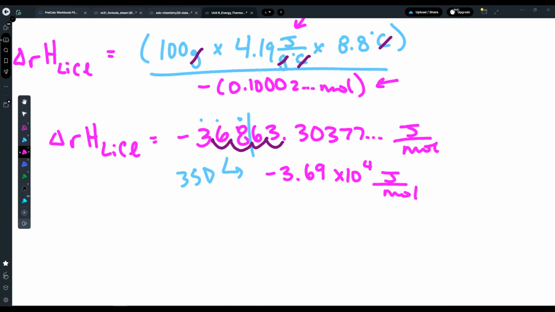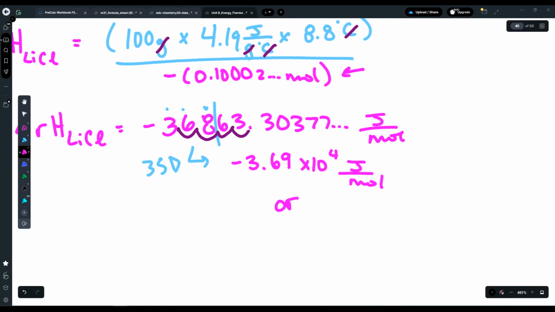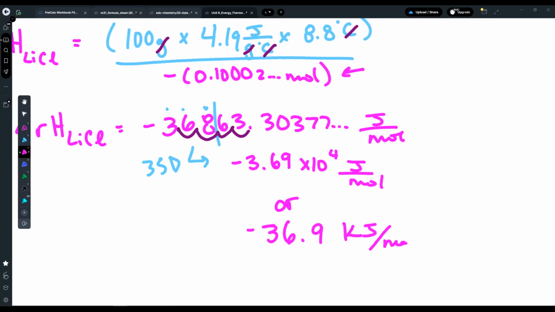Alternatively, if you did want to use kilojoules per mole so that you wouldn't have to do scientific notation, then your answer would be negative 36.9 kilojoules per mole.